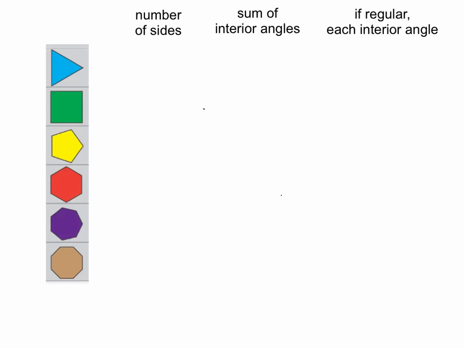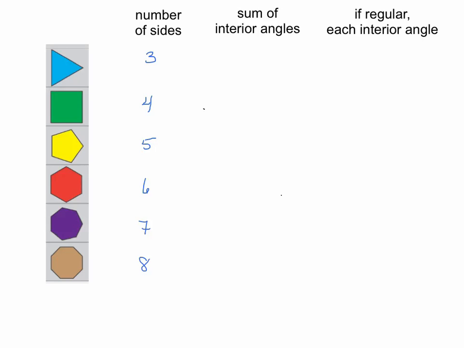So we have a triangle, a square, a pentagon. A 6-sided shape is called a hexagon, a 7-sided shape a heptagon, and an 8-sided shape an octagon. And I'm going to record the number of sides that each has. So we have 3, 4, 5, 6, 7, and 8.